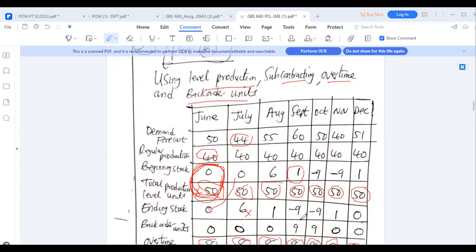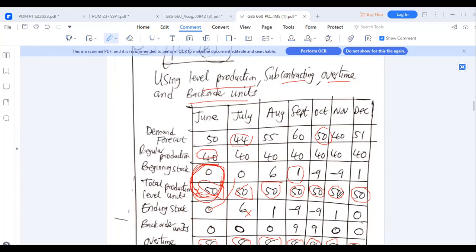It's negative. It's not there. So this negative comes here, -9 plus 50 is 41. To meet the demand of 50, we have the -9.